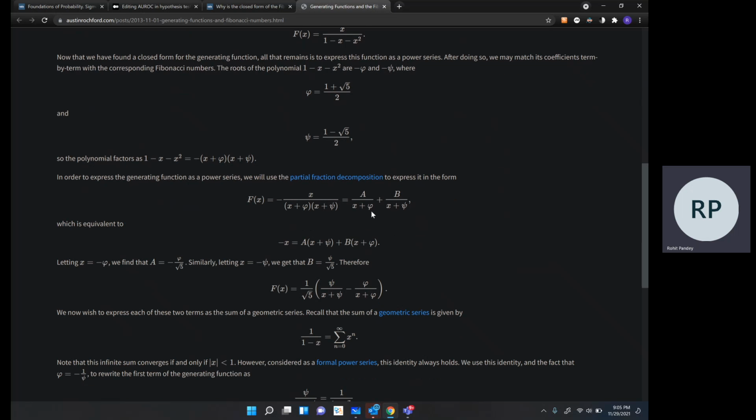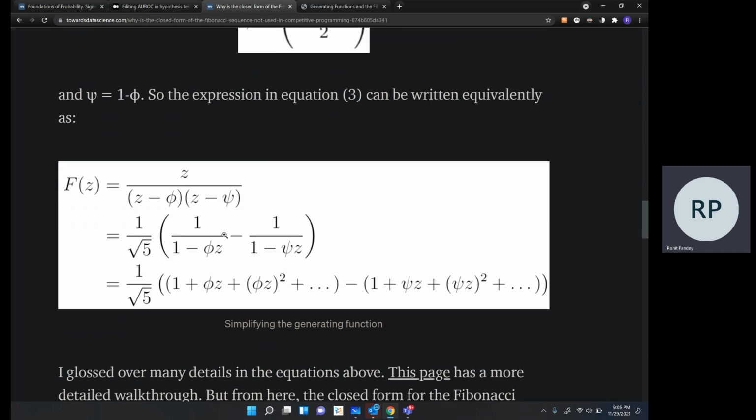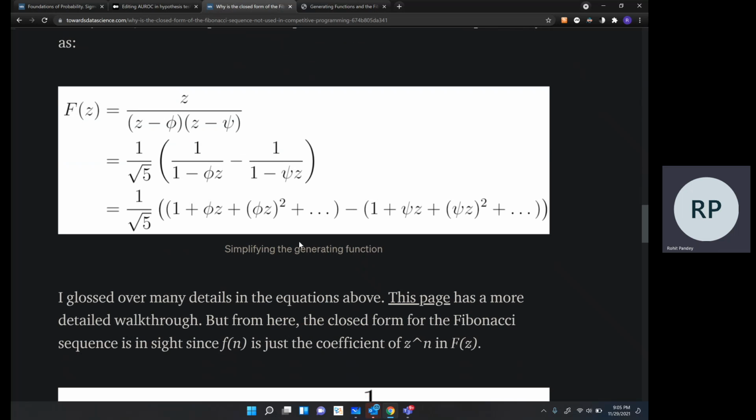It's a standard partial fractions trick, and then you find a and b, and you end up with this expression: 1 by square root of 5 times 1 by 1 minus phi z subtracted by 1 by 1 minus psi z. And now these are just geometric series, right? 1 upon 1 minus phi z is 1 plus phi z plus phi z square, and so on. And similarly for this other part, right?